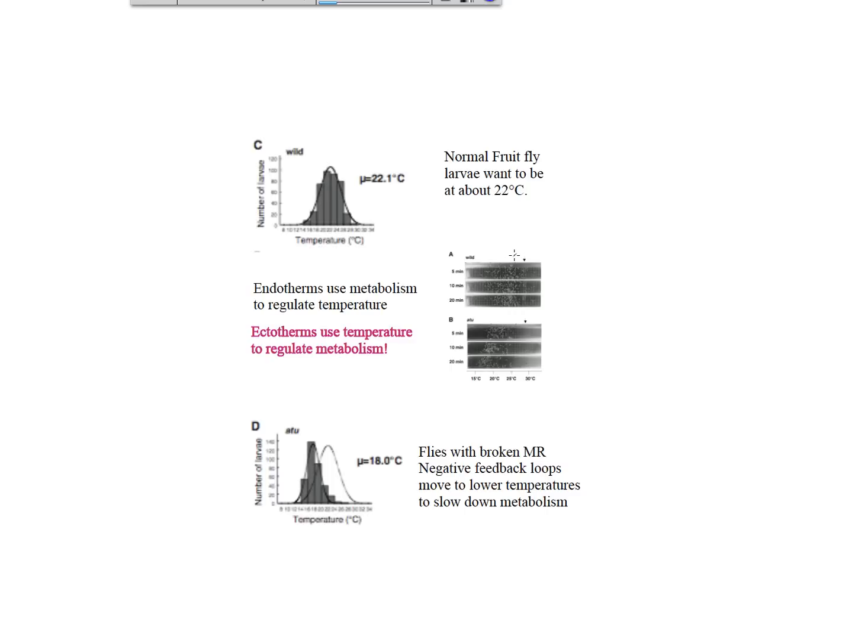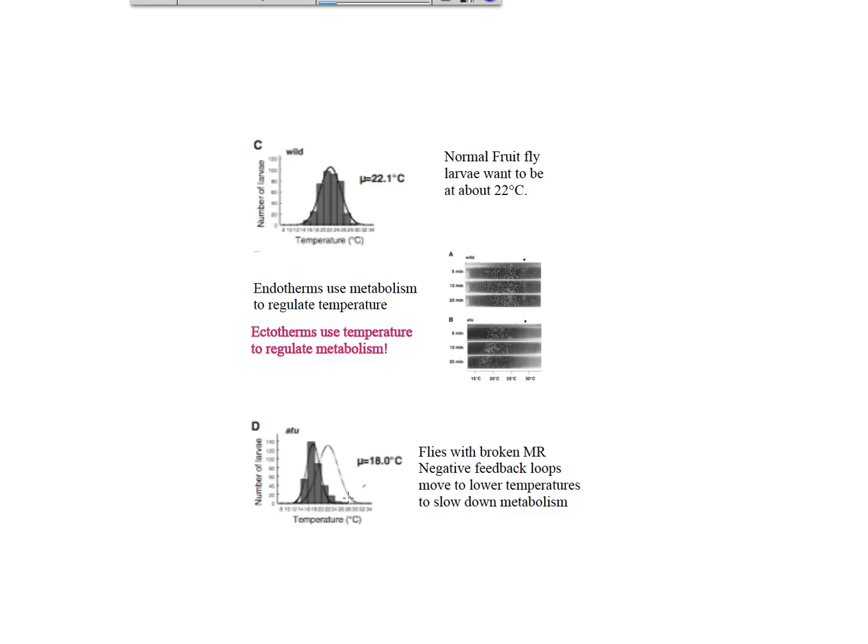Now, there's a mutant whose ability to control its metabolism is missing, is defective. This animal has a much faster than normal metabolic rate at the same temperature. Consequently, the larvae of this animal seek out cooler temperatures.